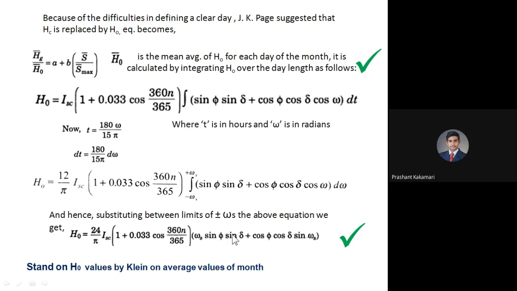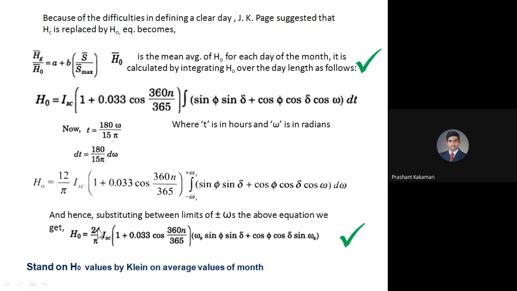This is for the entire day, 2 times the 12 hours, to understand it simply. So that will finally be given as H naught equal to 24 by pi. This is given directly in some books: 24 by pi, solar constant, into 1 plus 0.033 cos of 360 n by 365. Everyone knows how to find the solar radiation.